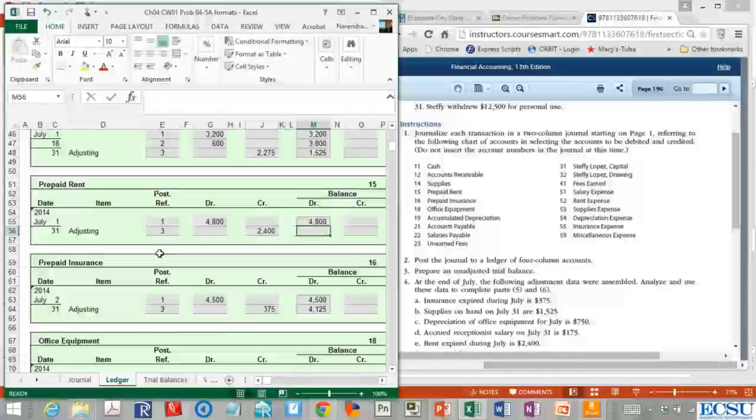So therefore the balance will be 2400 as well. So that is how we'll handle that number 15. So prepaid rent is taken care of.